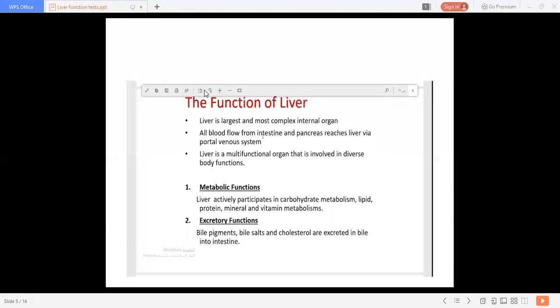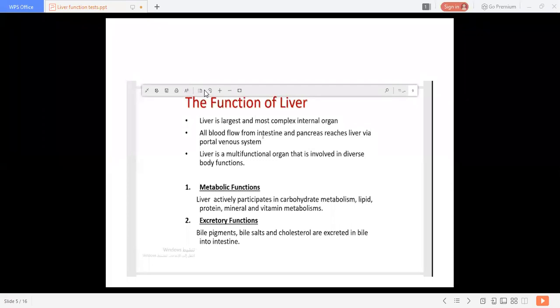What are the names of the diseases of the liver? Jaundice, yes, hepatitis, then cirrhosis. Or we can also evaluate the harmful effects of medications.